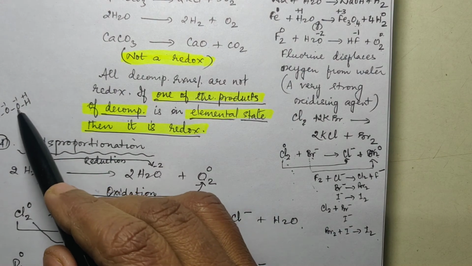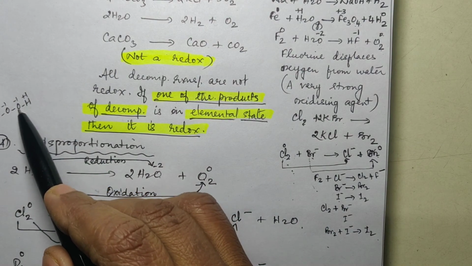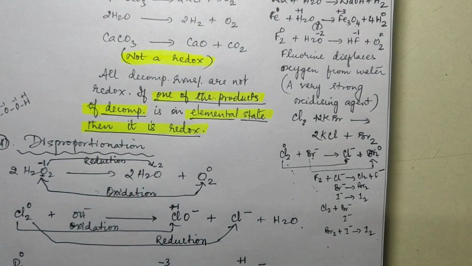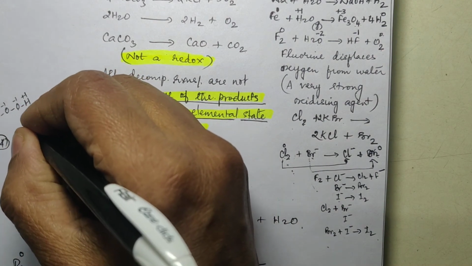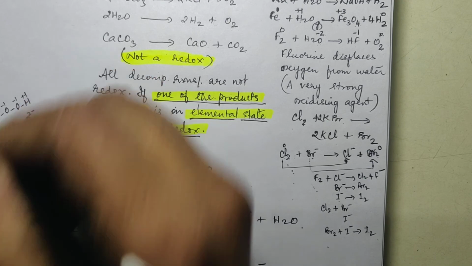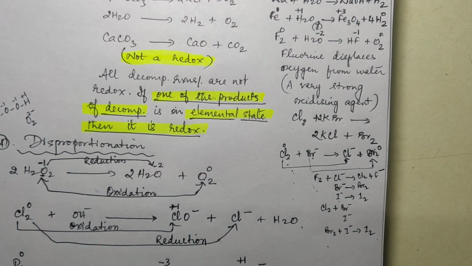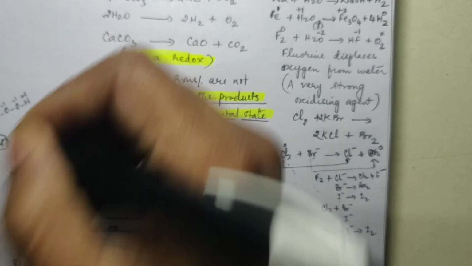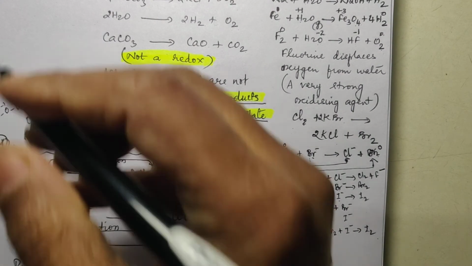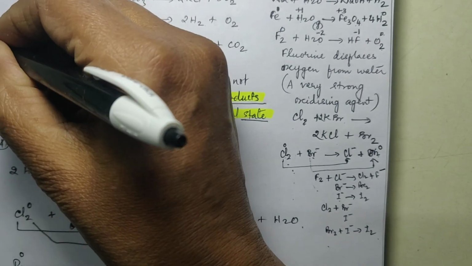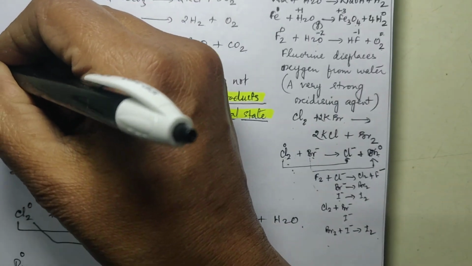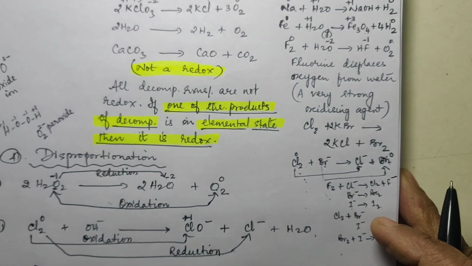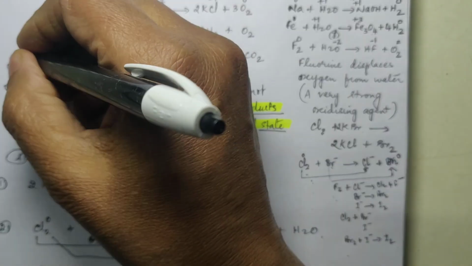So what is the oxidation state of oxygen? It is one single oxygen, it is -1. But how do you write peroxide ion? You write peroxide ion as O2, 2 negative. This is called peroxide. Actually, you have O minus, which is called oxide ion.